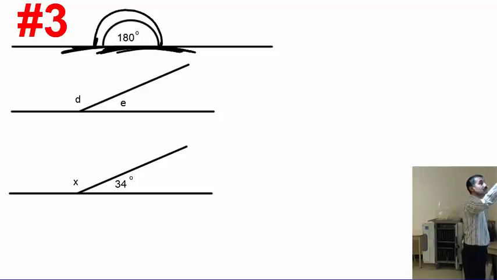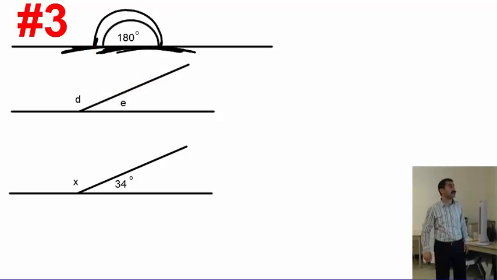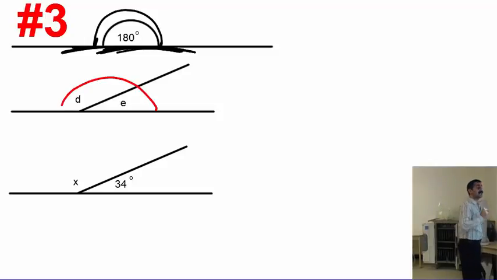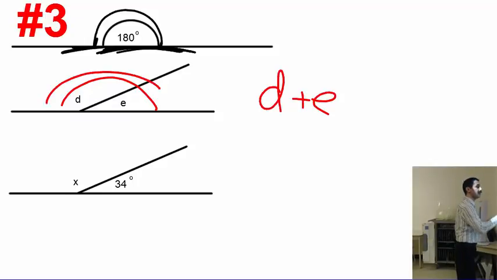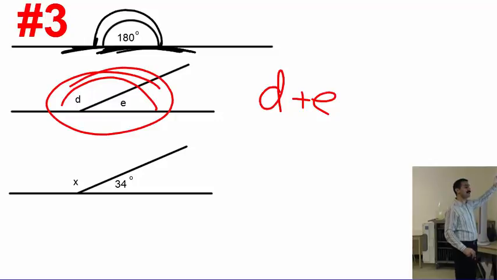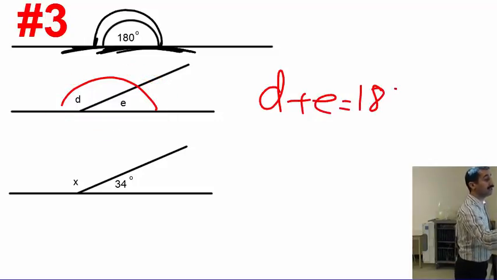And you now know that if you continue from there to here, you're going to make a circle that's going to be 360 degree. But we have learned that, so we are not talking about that. So 180 degree. In other words, that's going to be 180 degree. You know D plus E in here. It means D plus E, it means 180 degree.